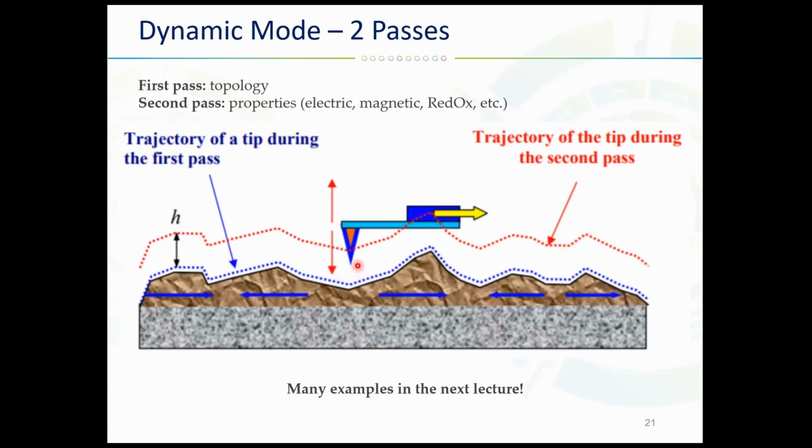So in a dual pass topography, again, we're measuring forward and backward passes, and it will provide more accurate correlation between topography and long-range signal. So basically we are checking the same sample twice.